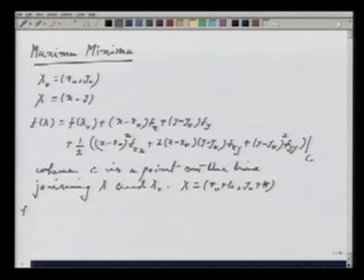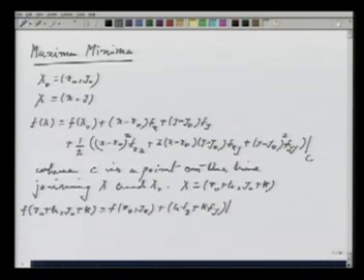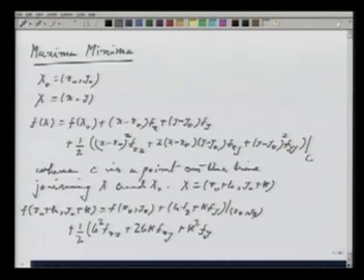Then f of x naught plus h, y naught plus k is equal to f of x naught y naught plus h fx plus k fy at the point x naught y naught, plus half h square fxx plus twice hk fxy plus k square fyy. Okay, this we have proved in the last lecture.